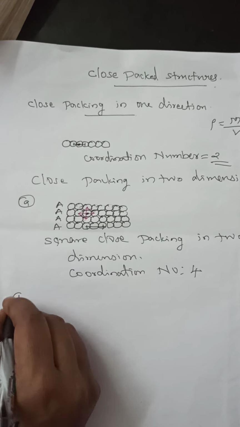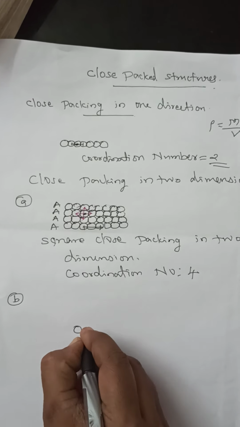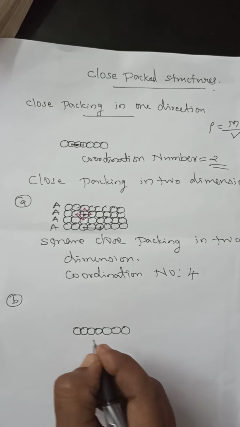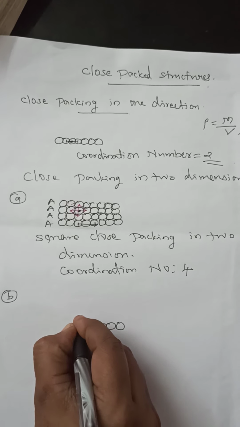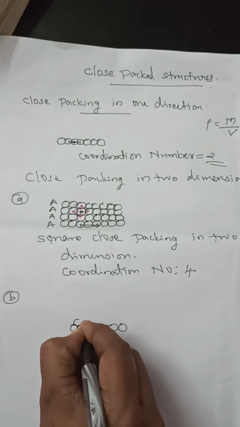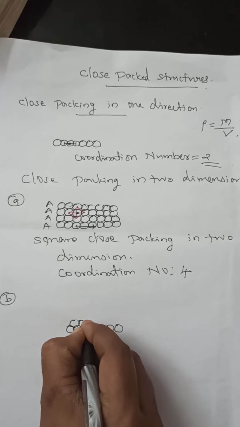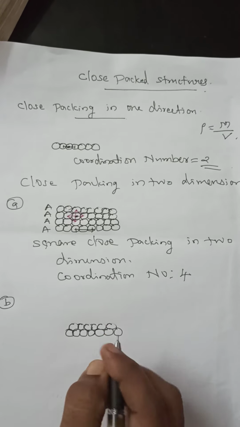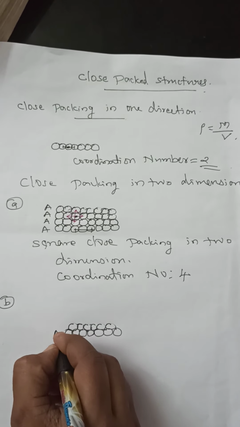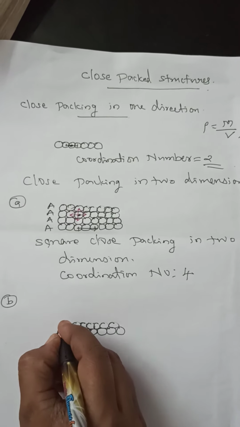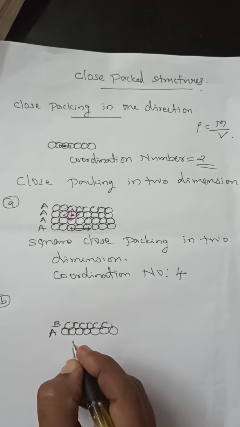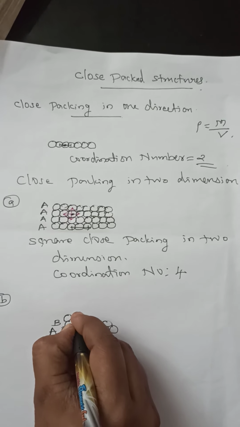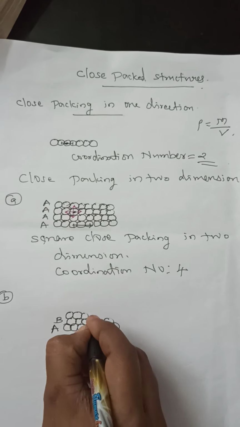And the other type: the first row is very closely packed, and the second row comes in the depressions made by the first row. So this will be row A, but row B is not the repetition of the first. Now A comes again, which is just a repetition of the first row.